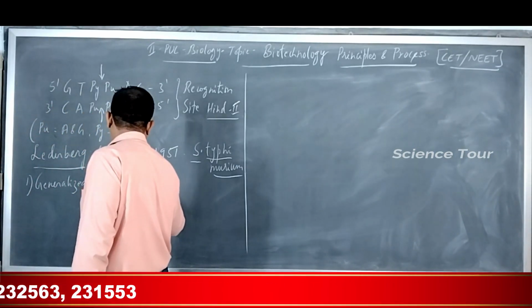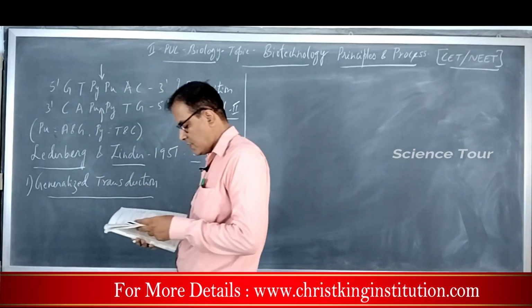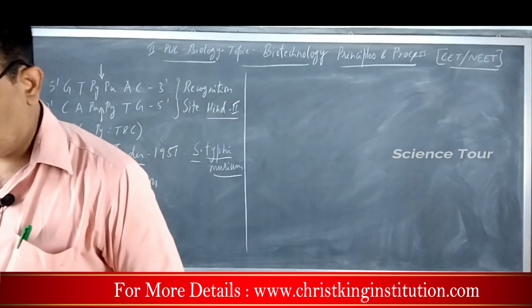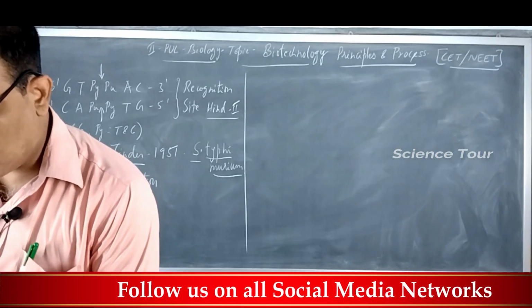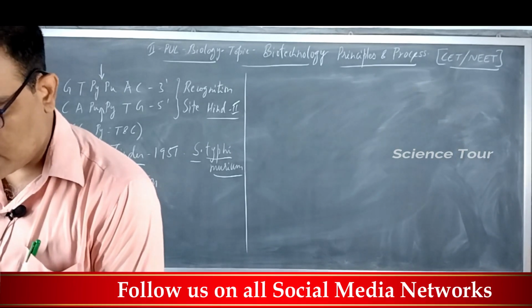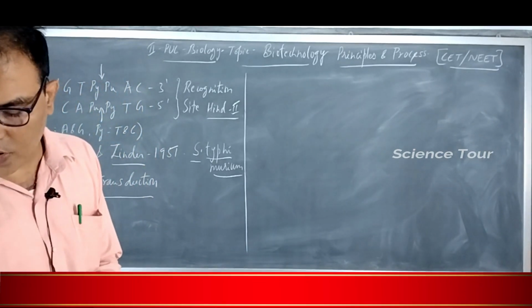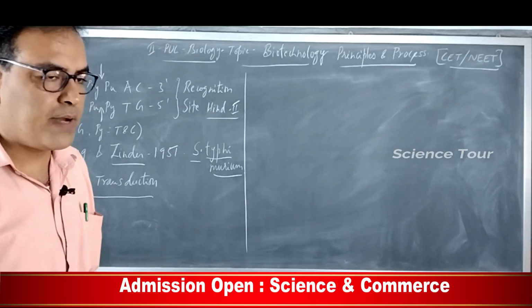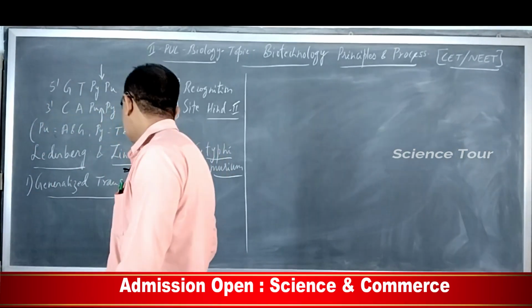In this particular type of transduction, each part of the bacterial genome has approximately the same probability of being transferred from one donor to the recipient bacterium. Whereas the other is called specialized transduction.